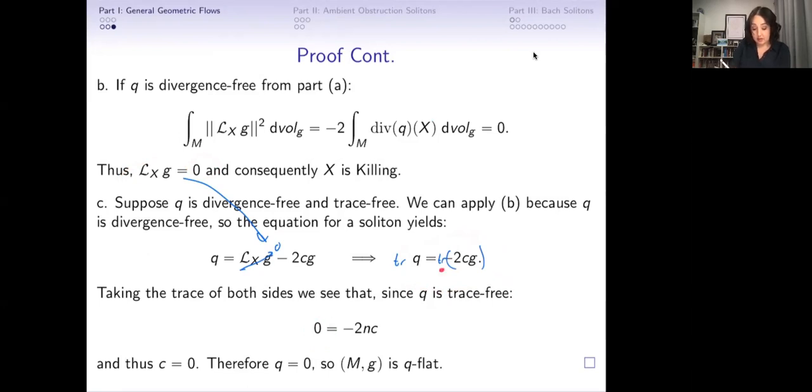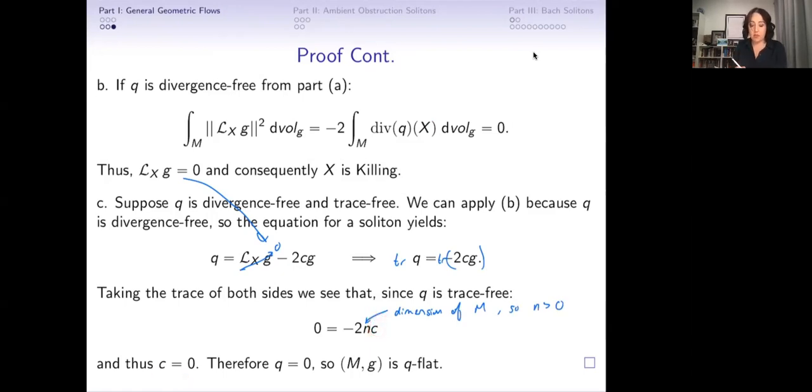And I see that the trace of -2c stays the same, and the trace of g equals n. So I see that 0 equals -2nc. We know that n is the dimension of our manifold, so n is obviously greater than 0. And what this forces is that c equals 0.